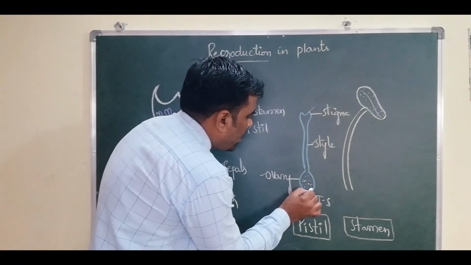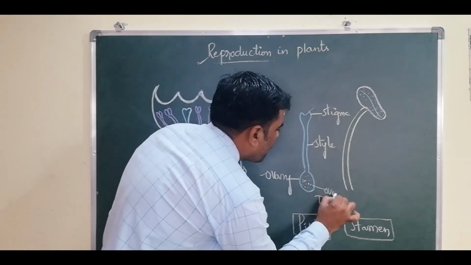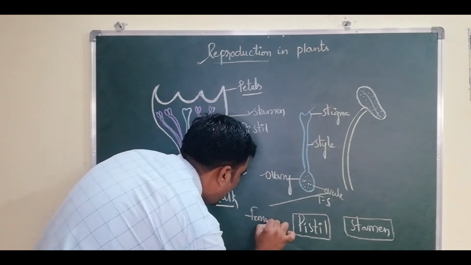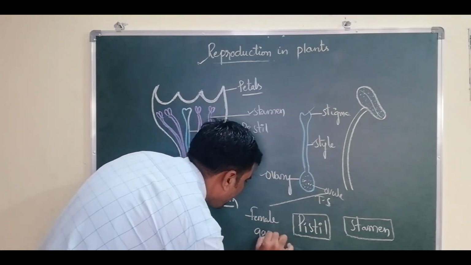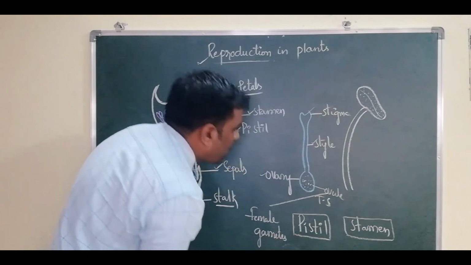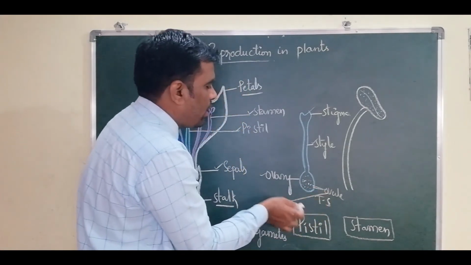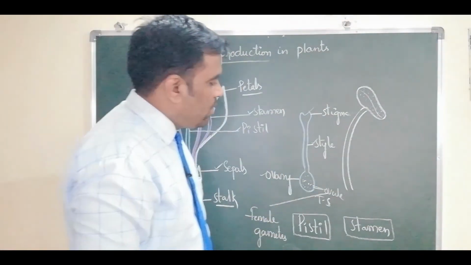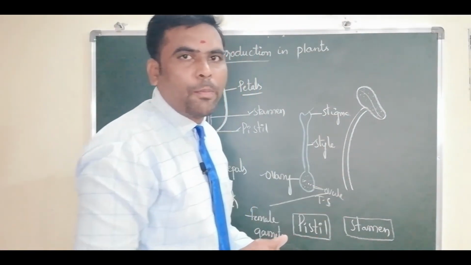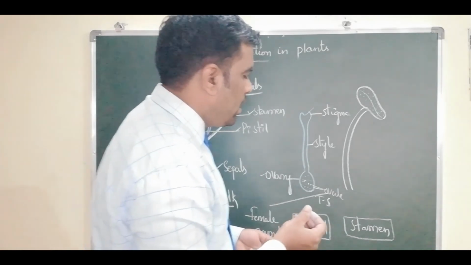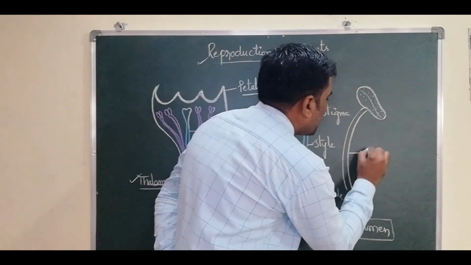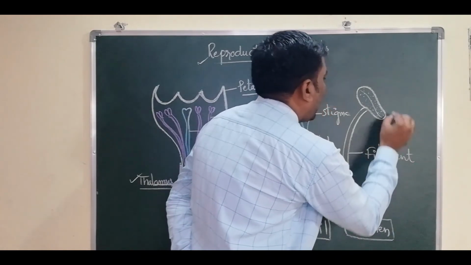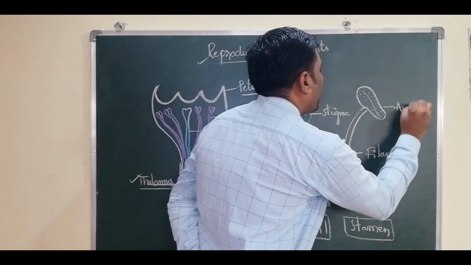The ovary consists of ovules. These ovules are the female gametes. What are the female gametes? Ovules. Where are they located? The ovules are located in the ovary. Next, look at the male reproductive part, the stamen. The stamen has two major parts: one is the filament and another is the anther.